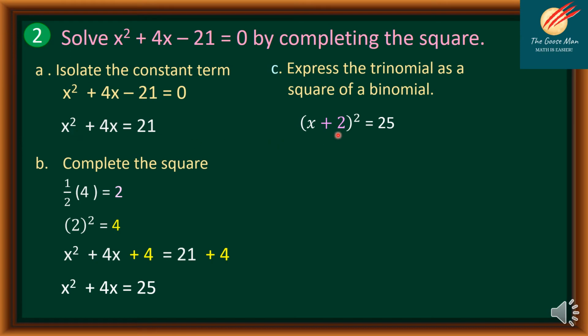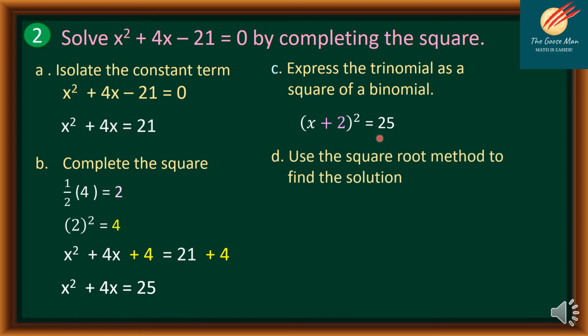Then the 2 here is actually the 1/2 of the numerical coefficient of 4x. Then we have 25. So if we extract the square root of both sides of the equation, we will come up with the square root of x plus 2 squared is equal to the square root of 25. So it means that x plus 2 is equal to plus or minus 5.